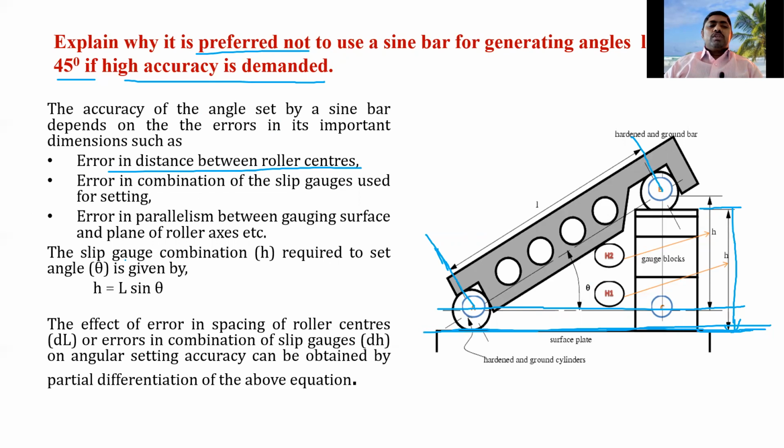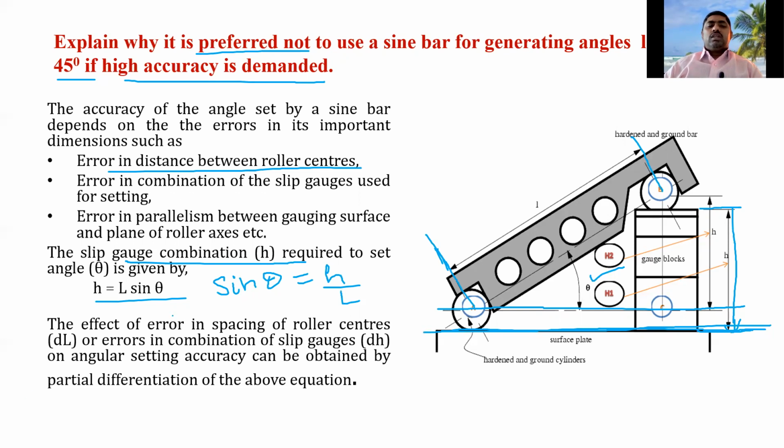And based on the sine principle, the slip gauge combination H required to set the angle theta is given by the relation H equal to L into sine theta. You know sine theta is equal to H by L, therefore H is equal to L into sine theta.